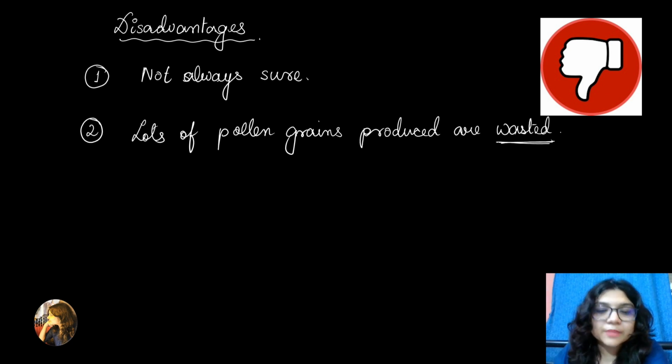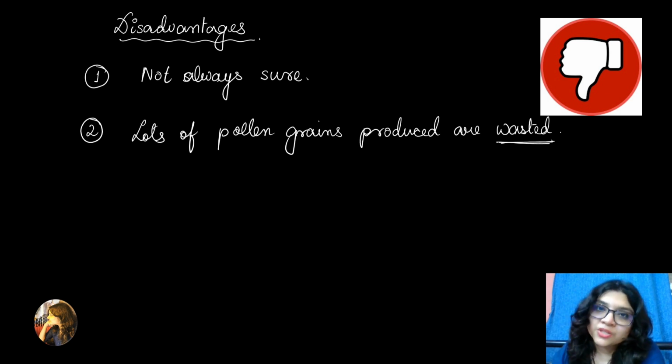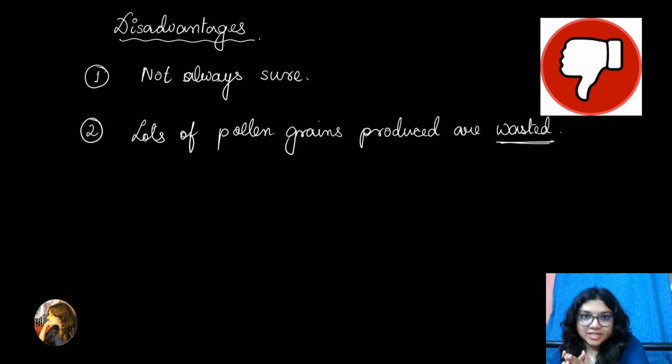So in that case, the pollen grain fails to grow. So all of the pollen grain gets wasted. Even insects might go and sit on some other stigma, or by some other means, the pollen grains might not reach the stigma of the same species flower. So in both these cases, the pollen grains are wasted.